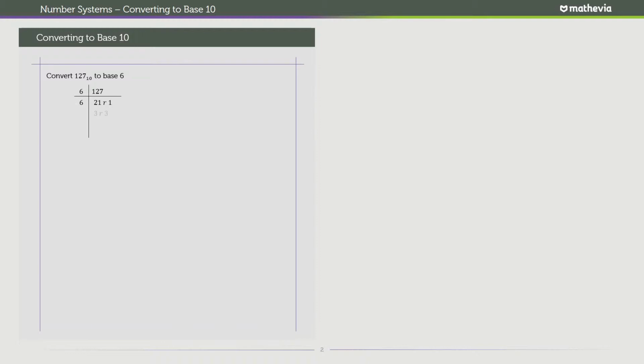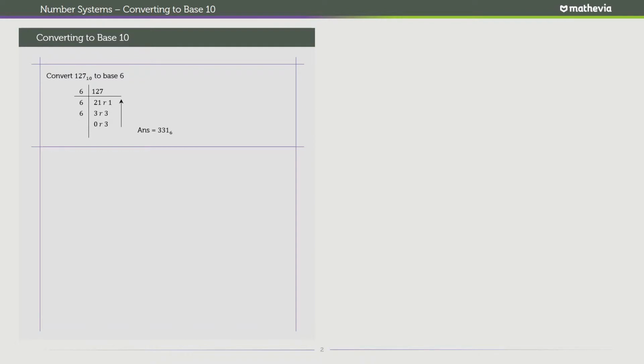We divide by 6 again and we have 3, remainder 3. We divide again by 6: 3 divided by 6, we just write this down as 0, remainder 3. Now we have our remainders and we read them from the bottom upwards, and we have 331 base 6. Simple, straightforward.